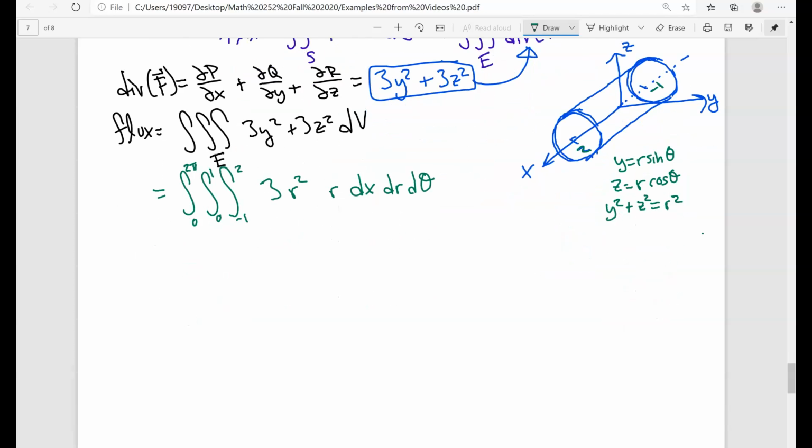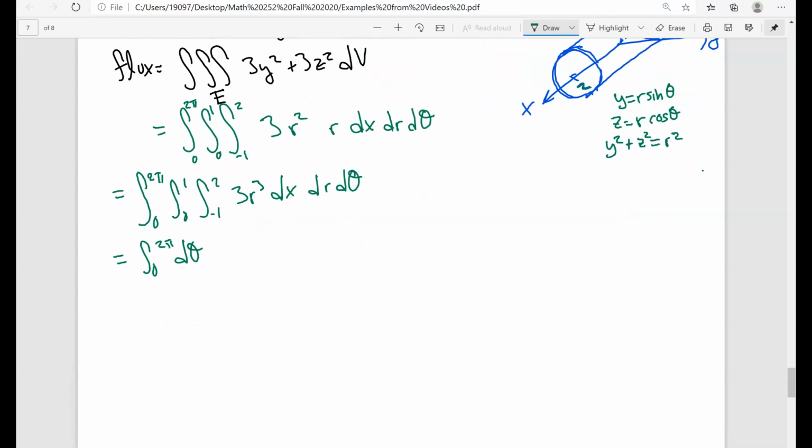So all we really have to do is evaluate this triple integral. This will be 3r cubed dx dr d theta. Notice that I can actually break it up: one integral in terms of theta from 0 to 2 pi, one in terms of r, and one in terms of x.